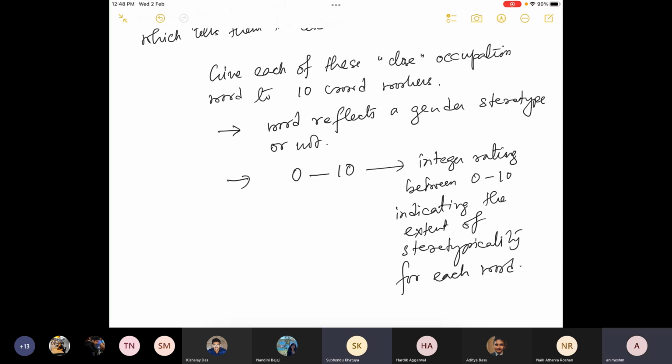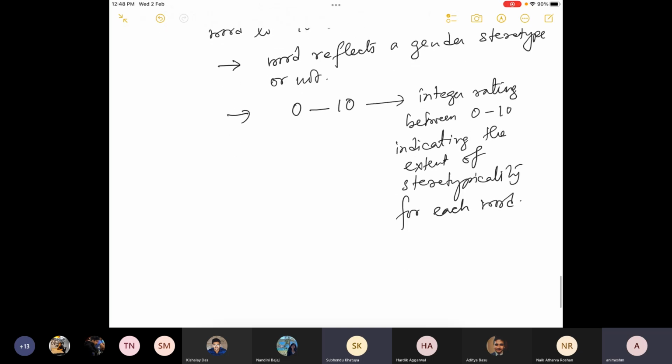Now the point is that having a stereotypicality larger than or equal to 5 is considered to be highly stereotypical. This can be averaged over all the crowd workers, and an overall rating for a particular word can be obtained.